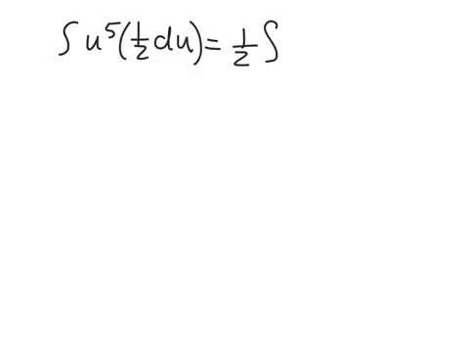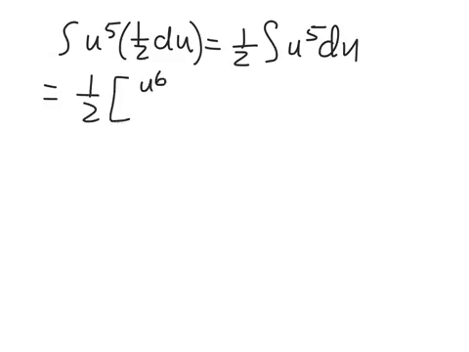So we have our integral of u to the 5th times 1/2 du, or go ahead and pull the 1/2 out in front, antiderivative of u to the 5th du. Well, basic power rule there, we'd have u to the 6th over 6, and then plus c. Well, we'll find out when we use the fundamental theorem to evaluate a definite integral, we don't need the plus c.